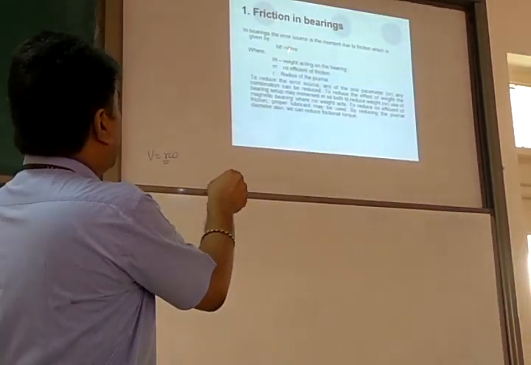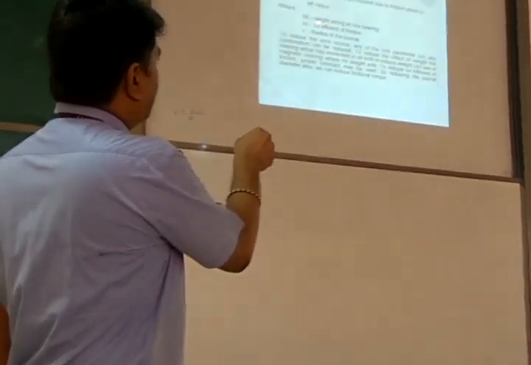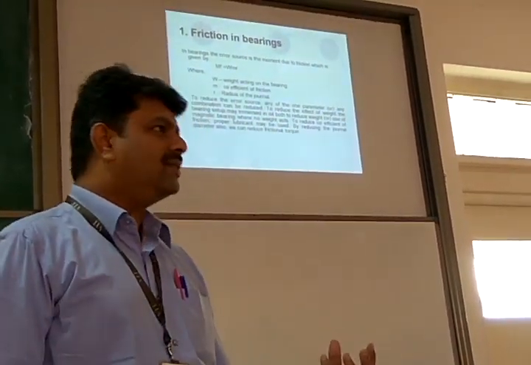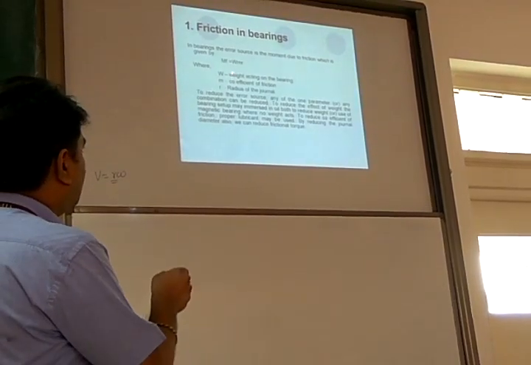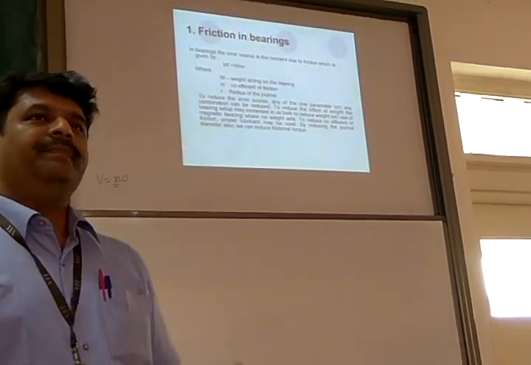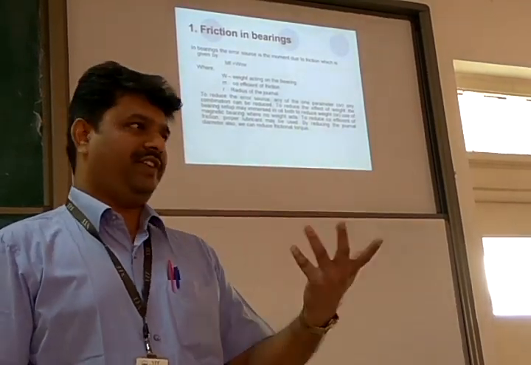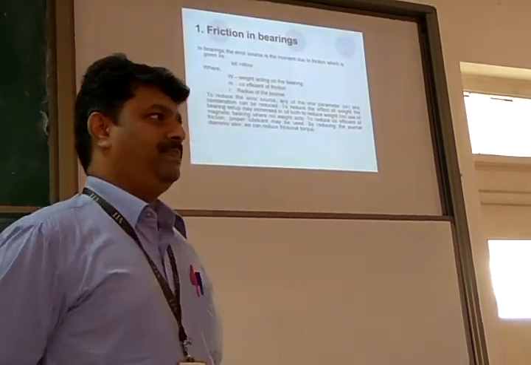So you have weight, you have coefficient of friction, and then you have radius. One thing, you can use a smaller bearing that will reduce the friction by reducing r. Mu is the coefficient of friction. You can use a lower coefficient of friction so that the friction is less, or you can reduce the mass of the entire setup.